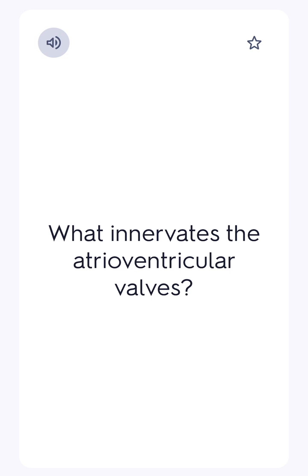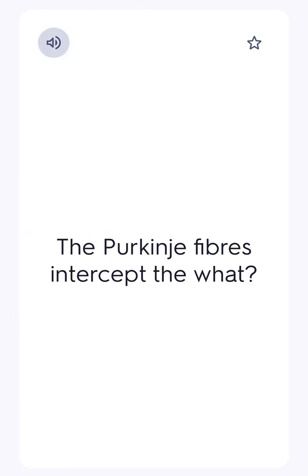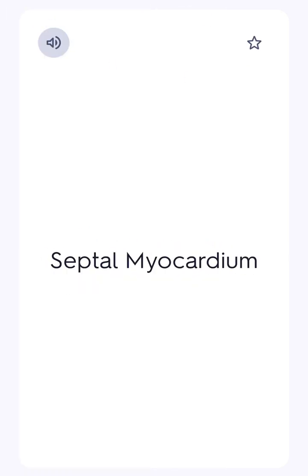What innervates the atrioventricular valves? No innervation, just pressure. The Purkinje fibers intercept the what? Septal myocardium.